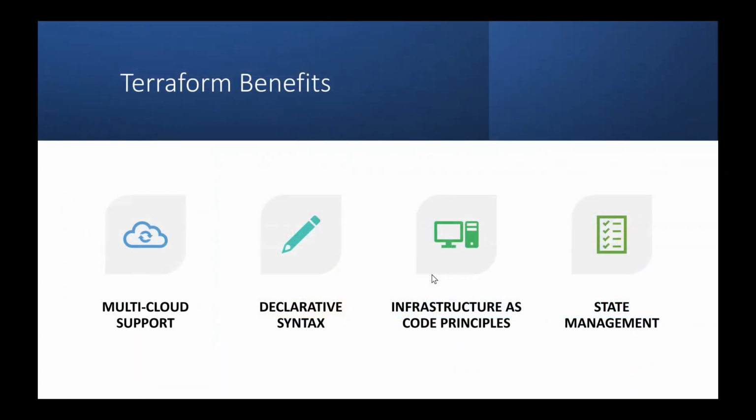Next advantage of using Terraform is declarative syntax. It basically means that Terraform uses a declarative configuration language. We'll look into the Terraform files that we will be creating. This configuration language is known as HashiCorp Configuration Language, which allows users to define the desired end state of the infrastructure.